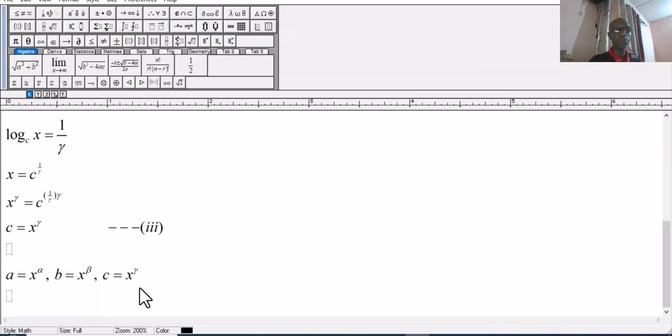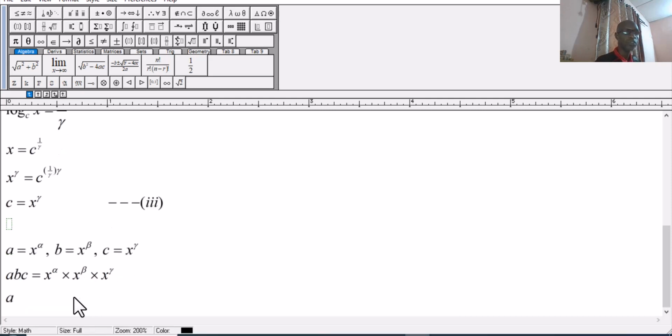So let's multiply all of them, abc together. abc is equal to x raised to the power of alpha, times x raised to the power of beta, then x raised to the power of gamma.